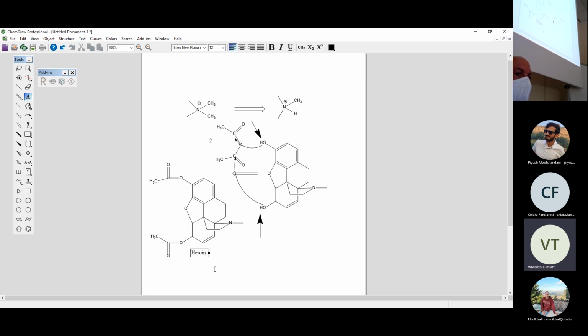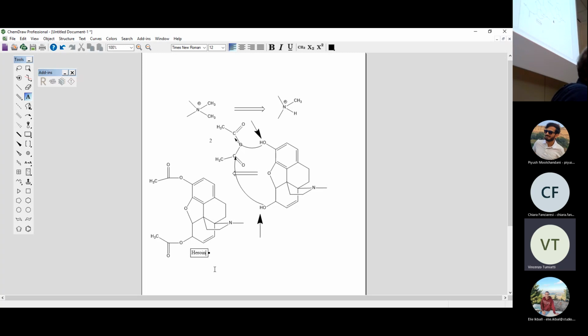But why do people transform morphine into heroin? They can sell morphine directly. Why do they use a lot of acetic anhydride to transform morphine into heroin? Because heroin is more potent.